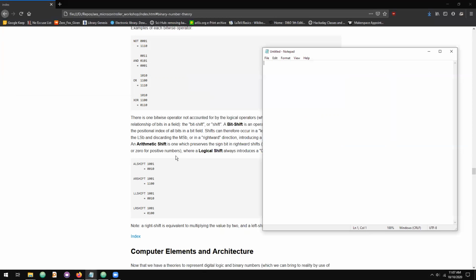So, if we had a binary value, sorry, I'll bring up that representation I just had. If we have a binary value that starts here, so we're representing unsigned integer 6, right?